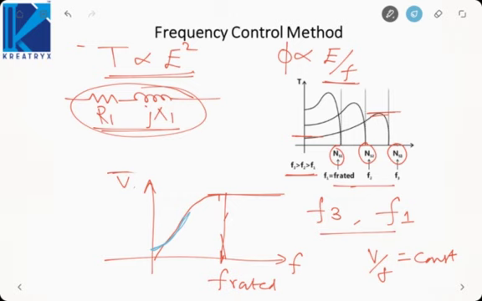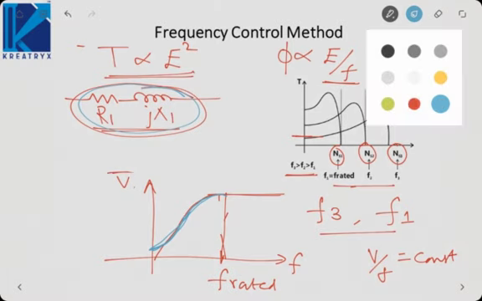To maintain flux constant, this E by F should be constant instead of V by F. So we have to keep V above a certain value so as to compensate for this voltage drop so that E by F remains constant. So remember this thing, that we deviate from the linear characteristic at lower values of frequency to maintain E by F constant. So many times this curve can be asked, the curve between voltage and frequency for frequency control of the induction motor.